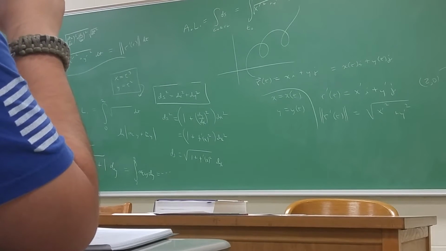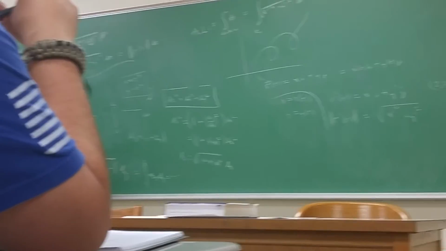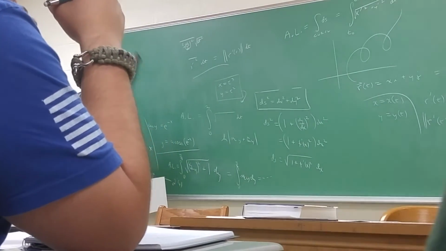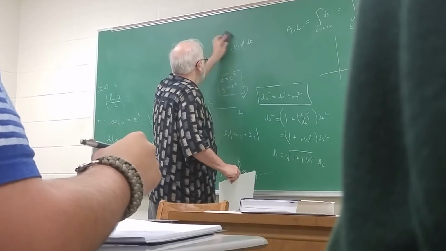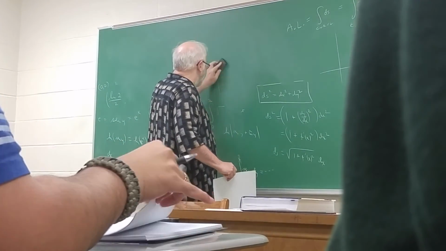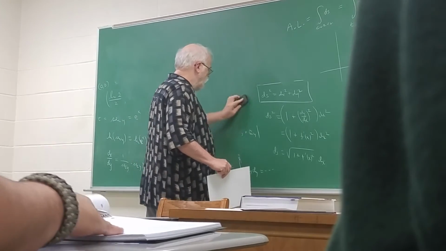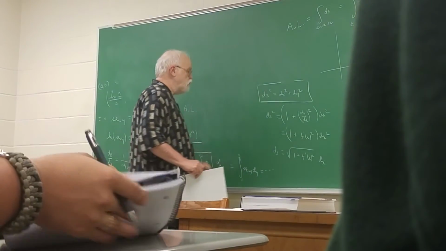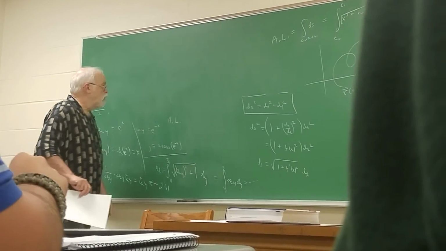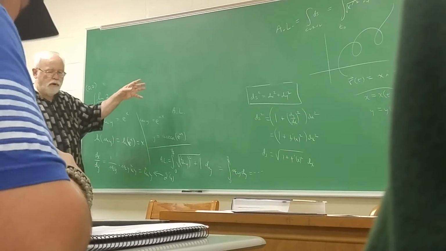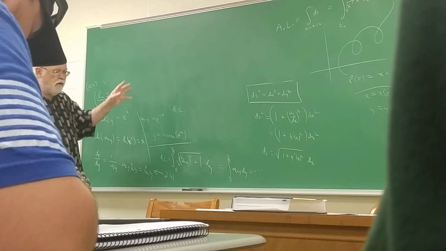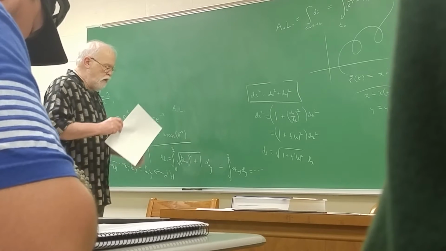Very good. I want you to do at least one example in which we start with the geometry and figure out the parameterization of it. Sometimes we start with the algebra, like the x squared equals y cubed, and come up with the parameterization. But here we're starting with geometry.